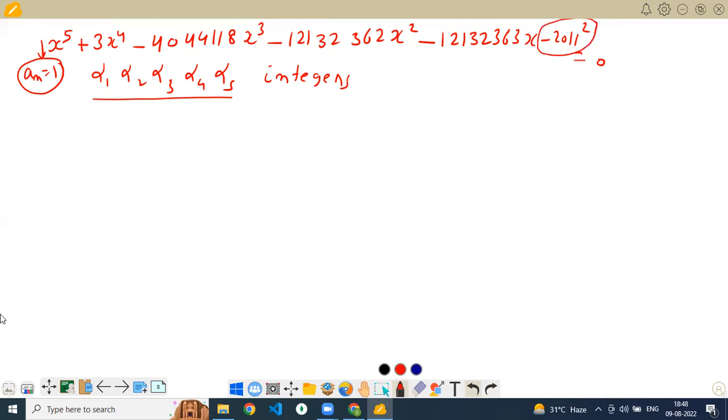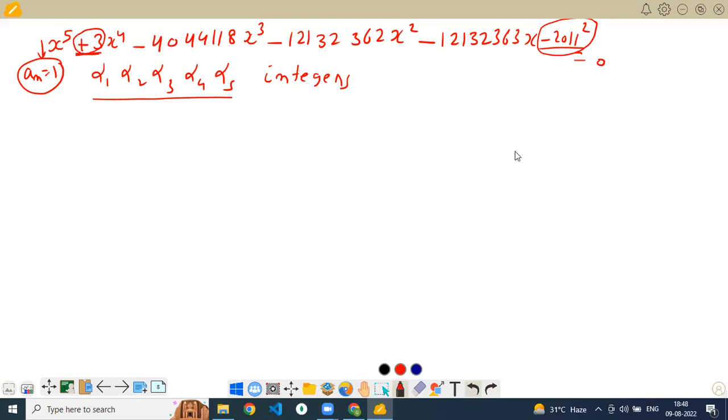So find out the divisors of this. Then another thing is you can apply that the sum of the roots will be minus 3 by 1, and you are done. First of all, you know the product of the roots will be coming from this number. The sum of the roots will be this number.